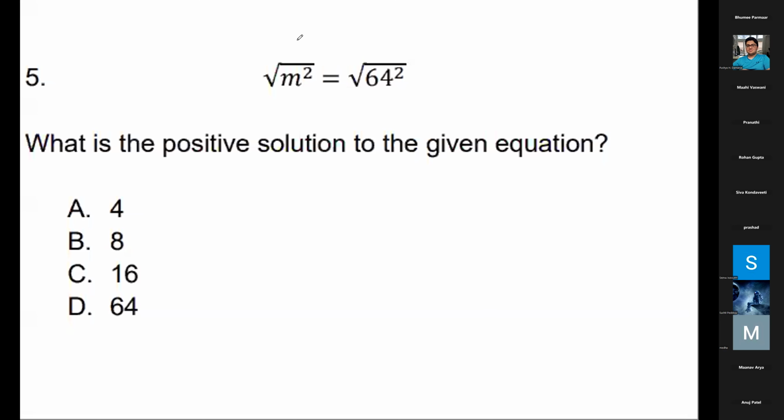We have m squared and square root equals 34 squared square root. The correct answer is 64. And because this is just the same thing, you just replace m with 64 and you get the same equation.